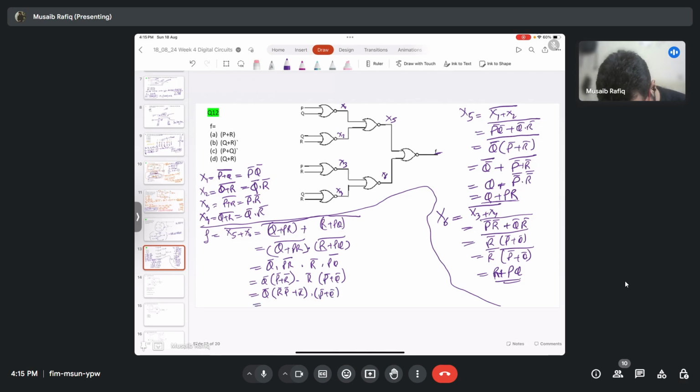So it will be equal to q bar. If I take r bar common, it will be (1 plus p bar) dot (p bar plus q bar). 1 plus p bar is simply 1, so it will be q bar r bar dot (p bar plus q bar). Then I will take q bar inside this bracket, so it will be r bar (p bar q bar plus q bar). It will be equal to r bar, and q bar, if I take common, it will be q bar (1 plus p bar).